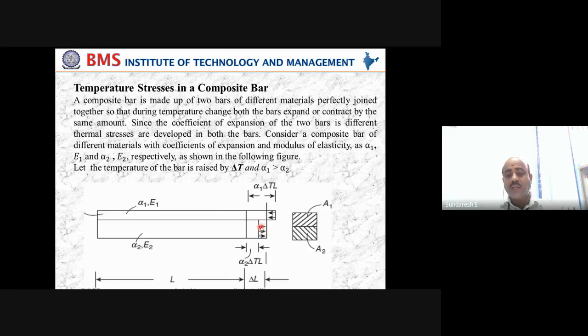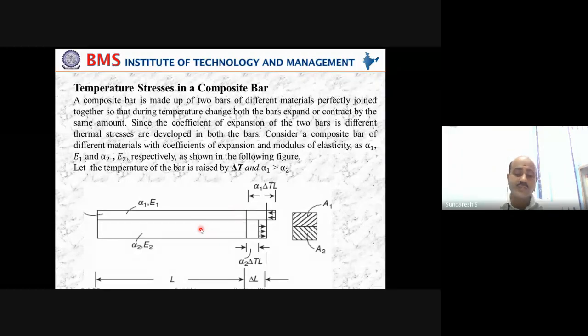So the nature of stresses induced within material 2 will be from left to right. It means that the material has been pulled so that the total expansion will remain constant by delta L. So the final conclusion here is that material 1 is subjected to a compressive stress and material 2 is subjected to a tensile stress.